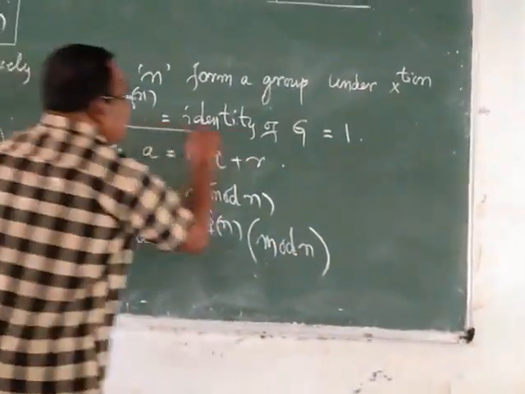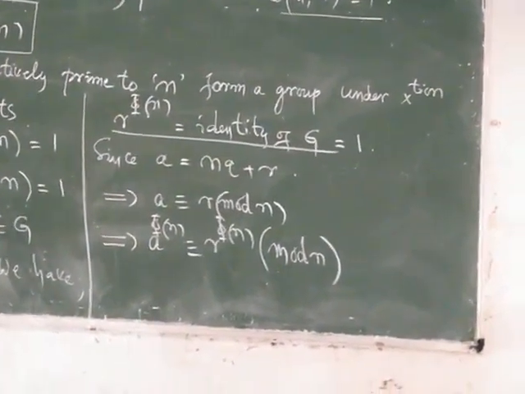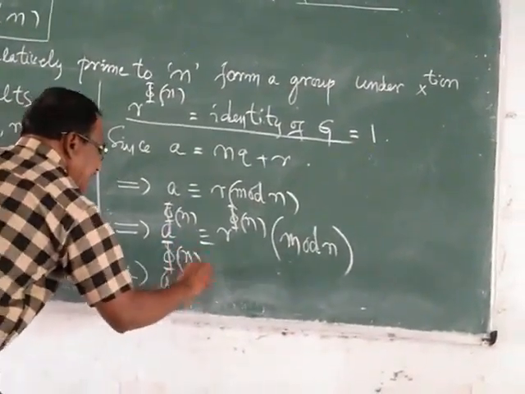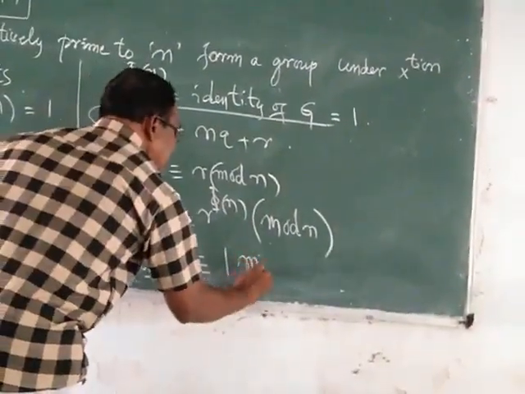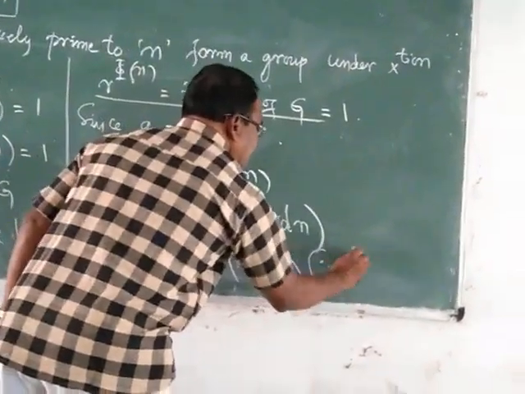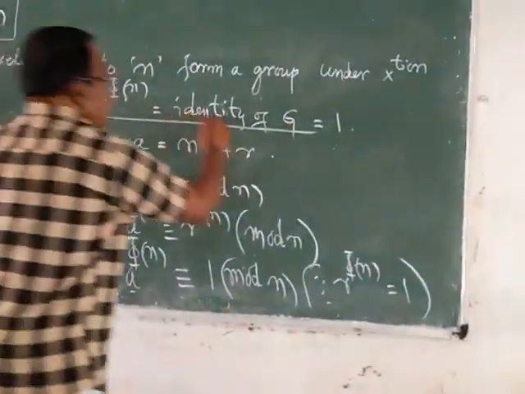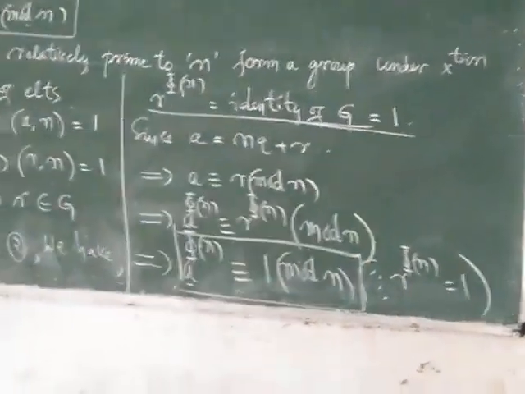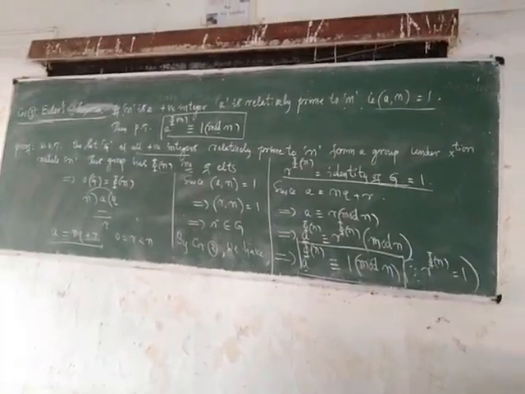But what is R to the power phi n? It is the identity element of G, which is equal to 1. This implies that A to the power phi n is congruent to 1 mod n, because R to the power phi n is equal to 1. This is what we wanted to prove.